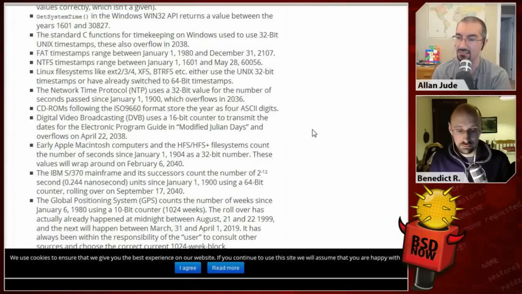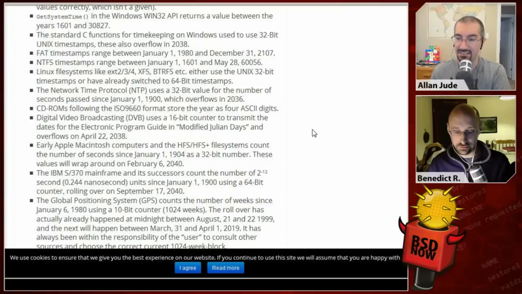They use an unsigned value, so it doesn't support negative, and the epoch they chose was January 1st, 1900. So it will actually run out slightly sooner, in 2036. Although there's some interesting bits about that. The CD-ROM format, on the other hand, ISO 9660, stores the year as a 4-digit ASCII number. So it'll actually be fine until 9999.